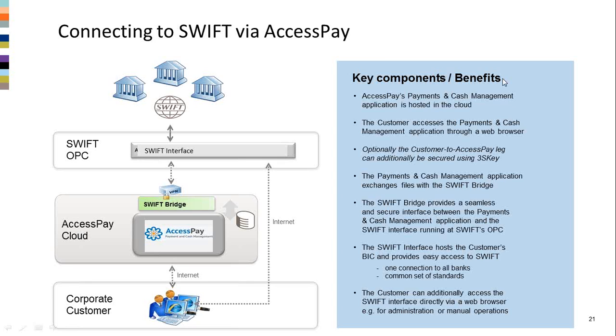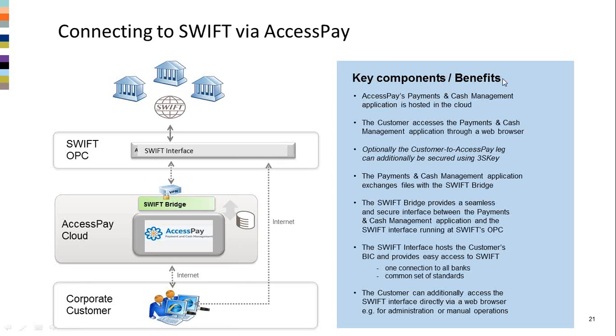If we consider first the outbound flows, and what I mean by this is the corporate-to-bank flows, then the corporate customer is able to use his regular desktop PC running, for example, Internet Explorer, and through the web browser only, so no software to install, the corporate is able to access the AccessPay payment authorization and cash management system that's delivered to him seamlessly through the cloud.